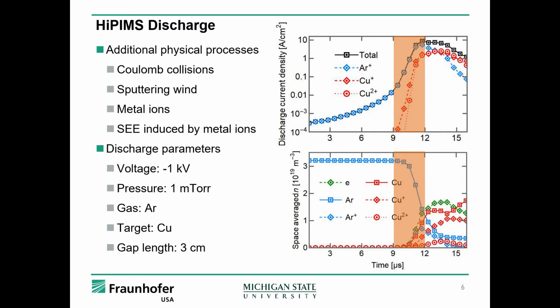And after about 12 microseconds, the copper ion replaces the argon ion as the dominant ion in the plasma. And we all know that this is the key indication that the discharge has entered the HiPIMS phase.